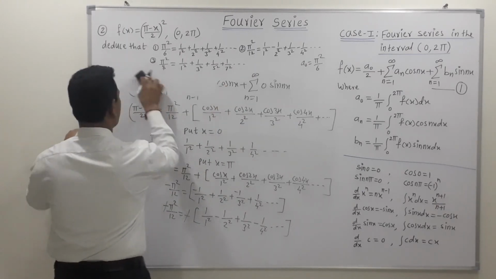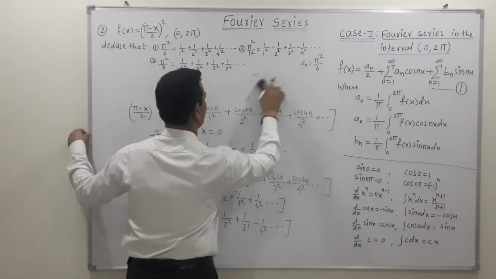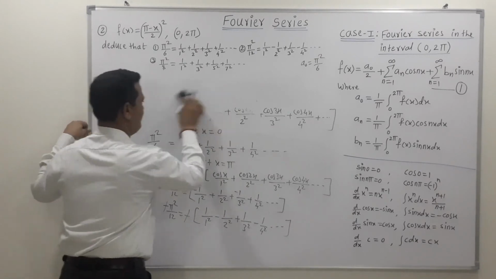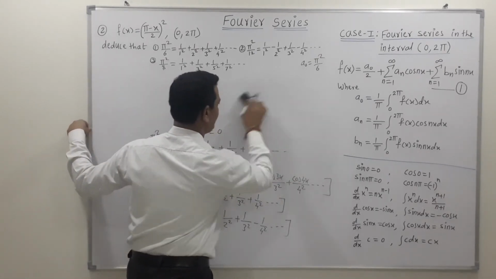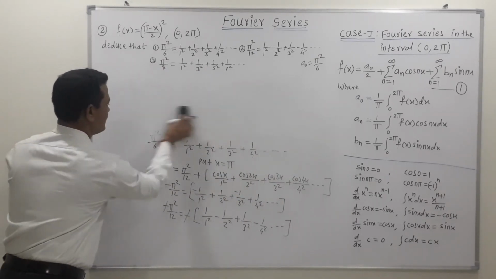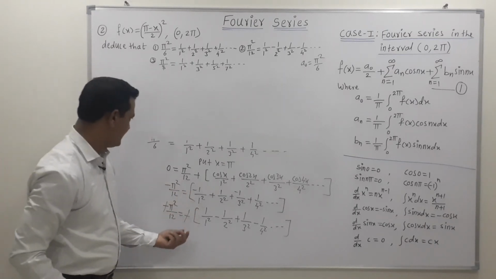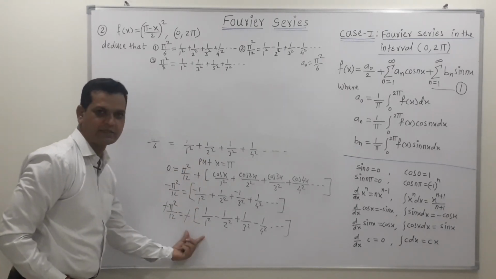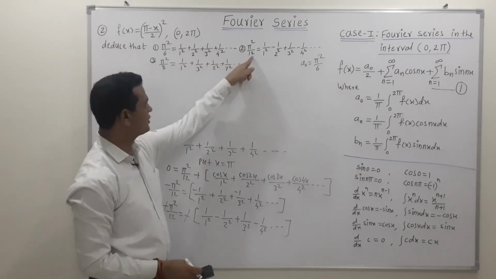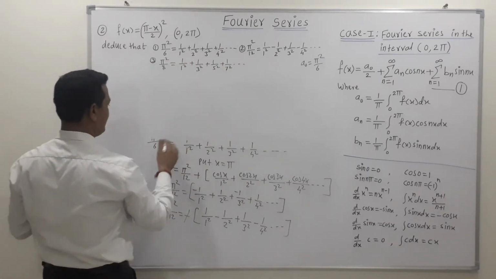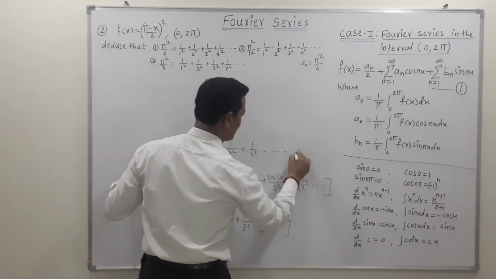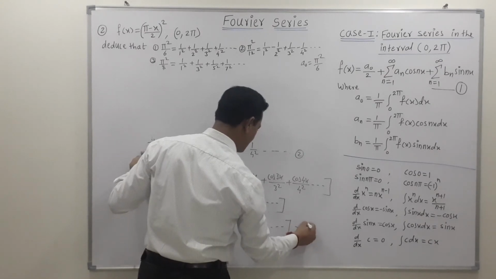Now, friends, for getting this third deduction, the simple thing is to add these two series. If we add this first series and this second series, let's call this equation 2 and this equation number 3.